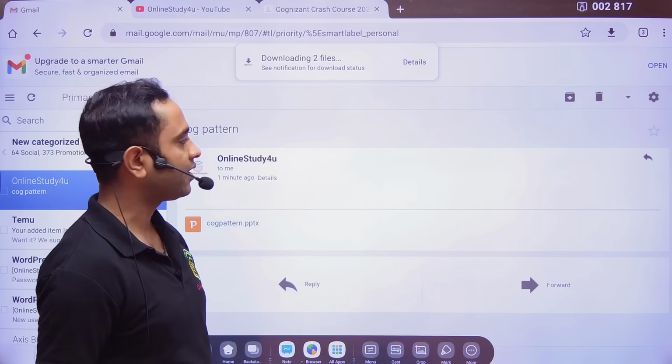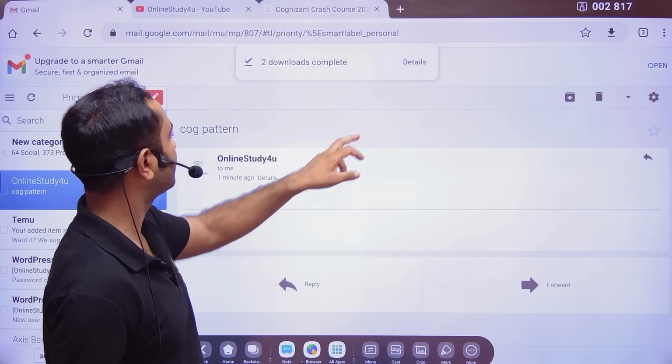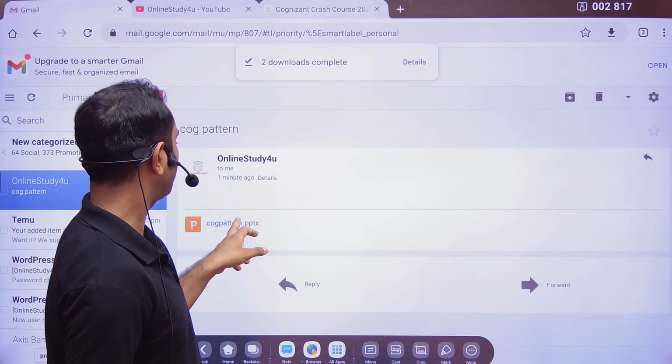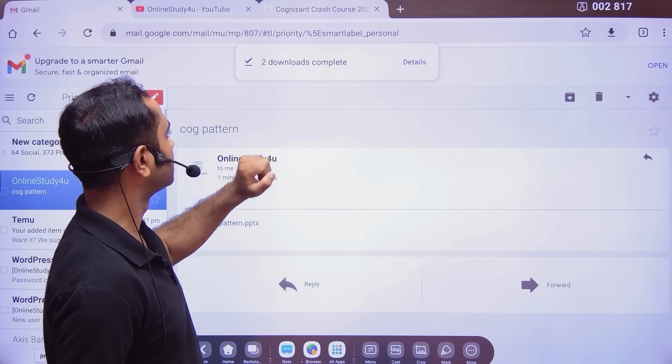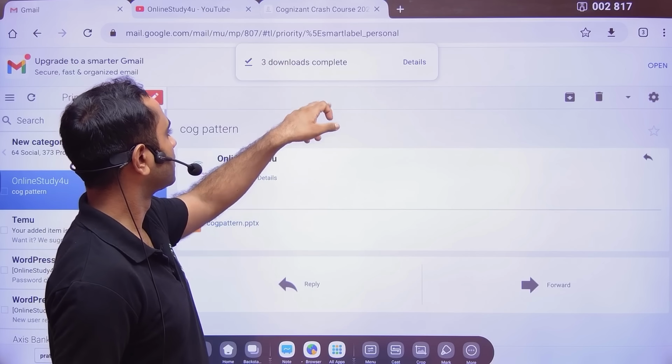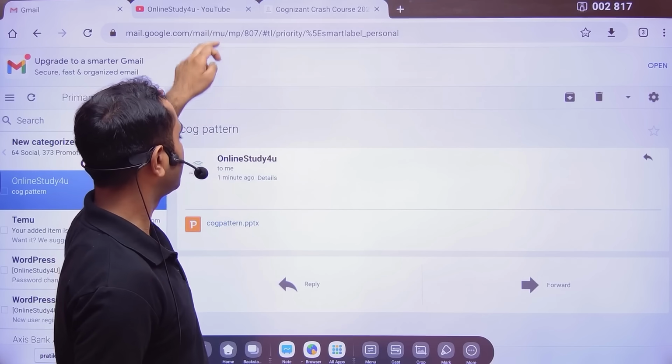Just wait for 1 minute. I think there is some issue with the internet. Arey yaar, two files are downloading, I'm downloading one file. Okay, let it go.